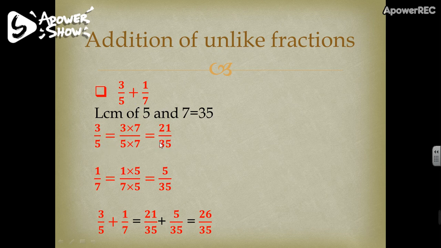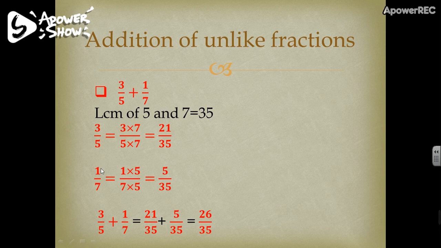So here the denominator will become 35, and since we are multiplying the denominator and the numerator by the same number, by multiplying 3 by 7, we get 21. So 3 by 5 is equal to 21 by 35. 21 by 35 is an equivalent fraction of 3 by 5.